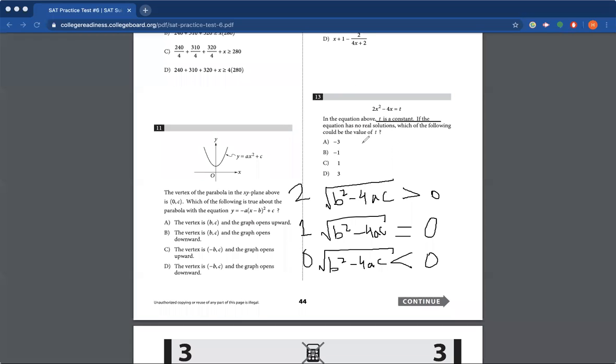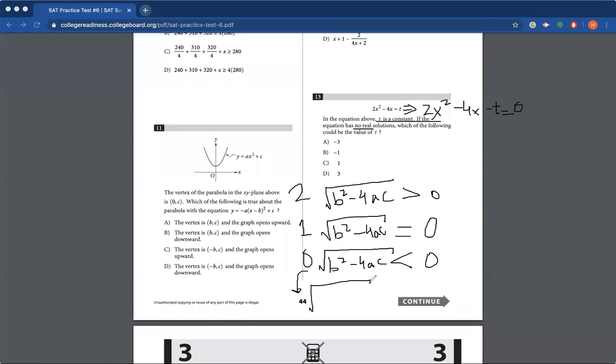Okay. Over here, they're asking for no real solutions. So we have to care about this. And let's actually move everything to one side. So 2x squared minus 4x minus t equals 0. So we plug that in.